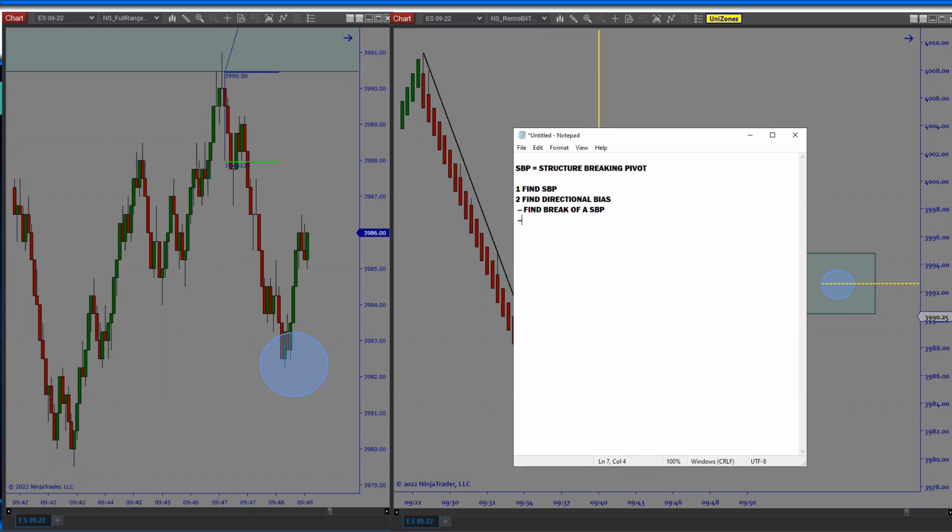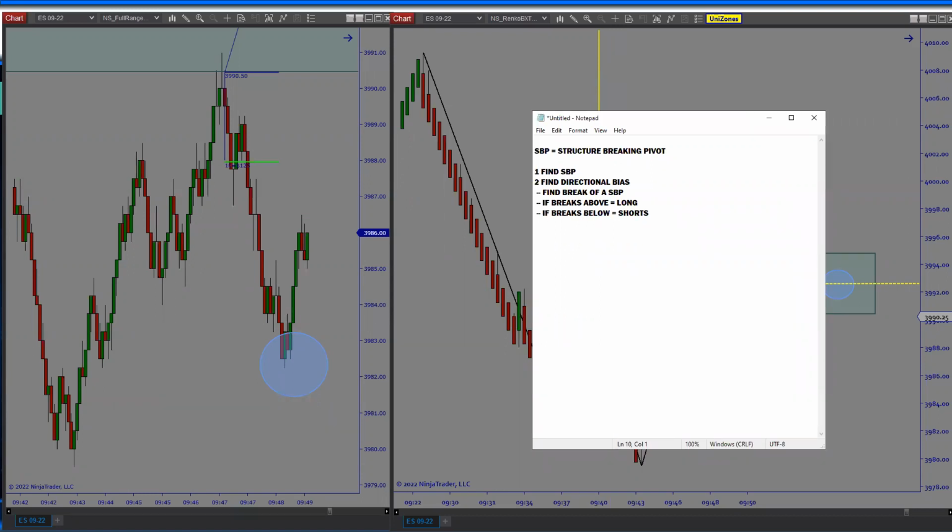So if it breaks above, then we are looking for longs. If it breaks below, we are looking for shorts. Then step 3, once we know our direction, we're going to plot support or resistance, depending on the direction, around the structure breaking pivot.